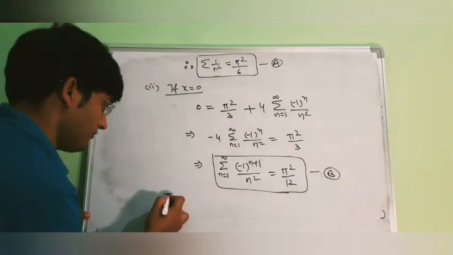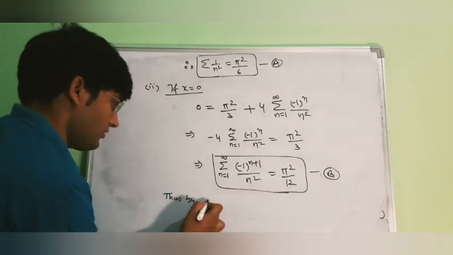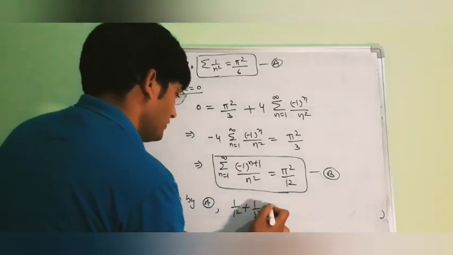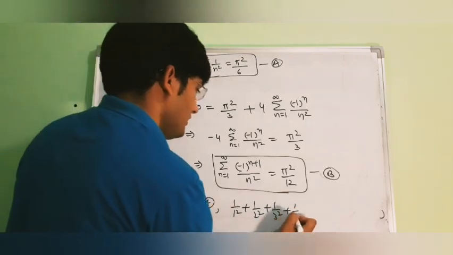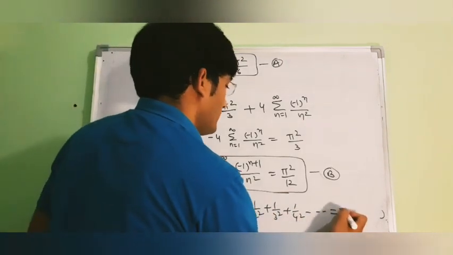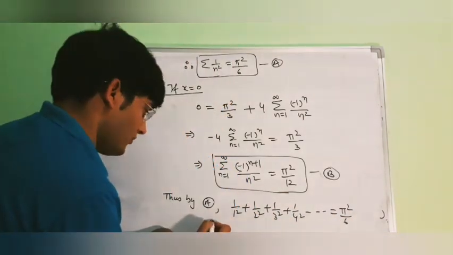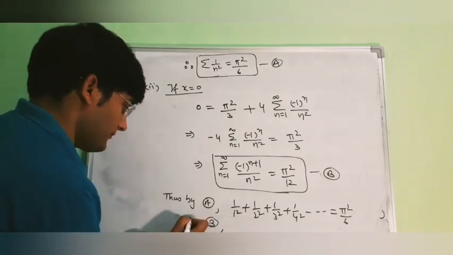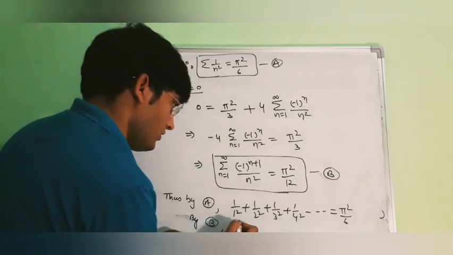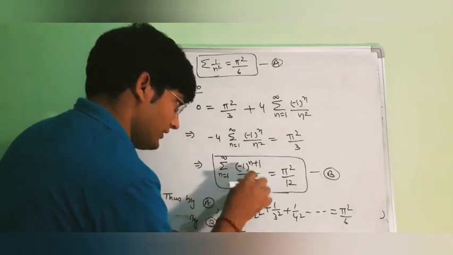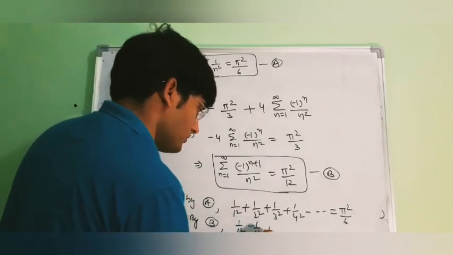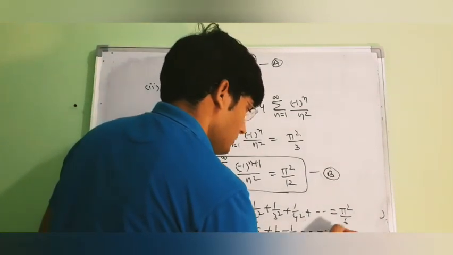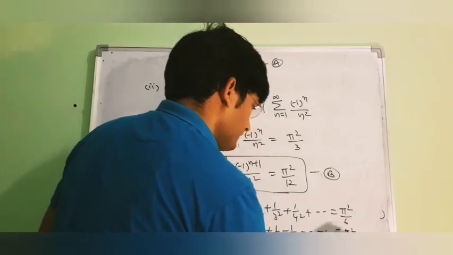Thus by A we have 1 upon 1 square, 1 upon 2 square, 1 upon 3 square, 1 upon 4 square, and so on, is equal to pi square by 6. By B we have 1 upon 1 square, then if n is 2, minus 1 upon 2 square, plus 1 upon 3 square, minus 1 upon 4 square, and so on, is equal to pi square by 12.